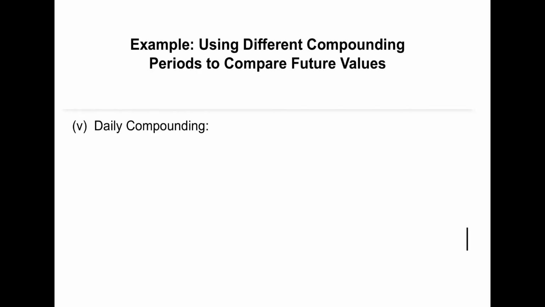Let's take a look and see if we did it on a daily basis, that we were paid and it was compounded daily. So this would give me 10,000, and we're still at 5% interest. But now we're going to compound it daily. There's 365 days a year. That's raised to the 365 for 1 year.